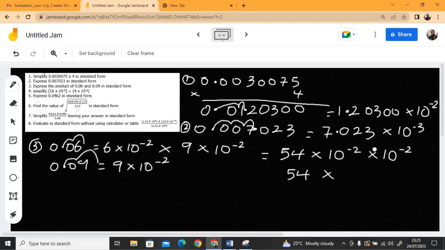Now this one here, there's an invisible plus there. Anytime you have times and the same base, 10 and 10, you pick one of the base. Laws of indices: once you have times, you add the powers together, that is minus 2 plus minus 2.